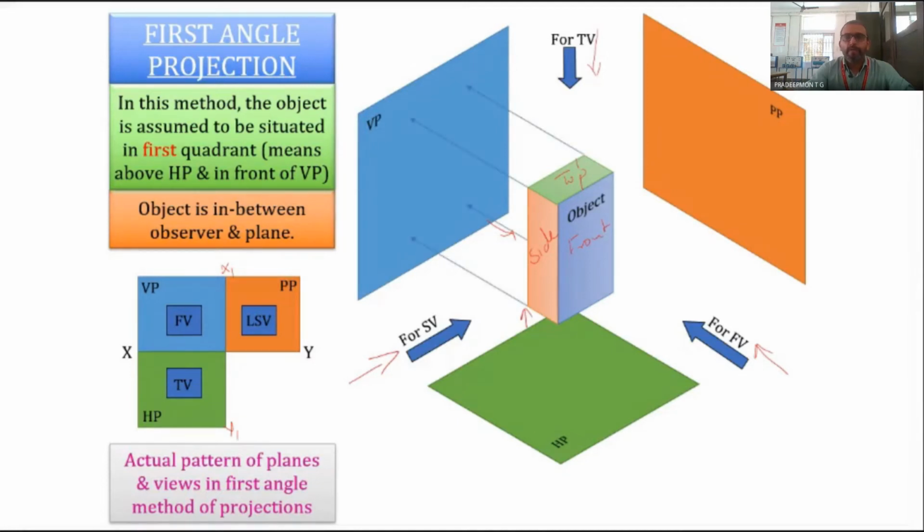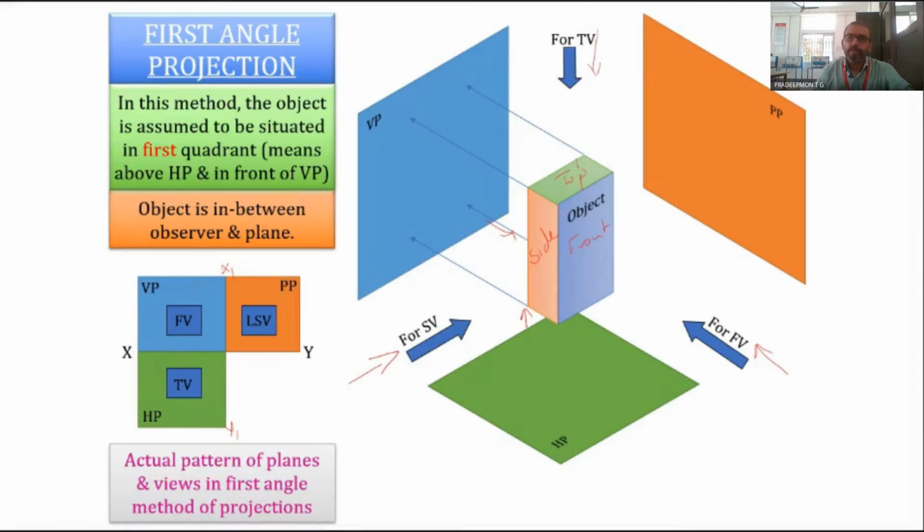Now, in order to get the front view, what we do is we emit, or we make 4 rays of light travel perpendicular to this plane, perpendicular to the VP, from the 4 different corners of the object.